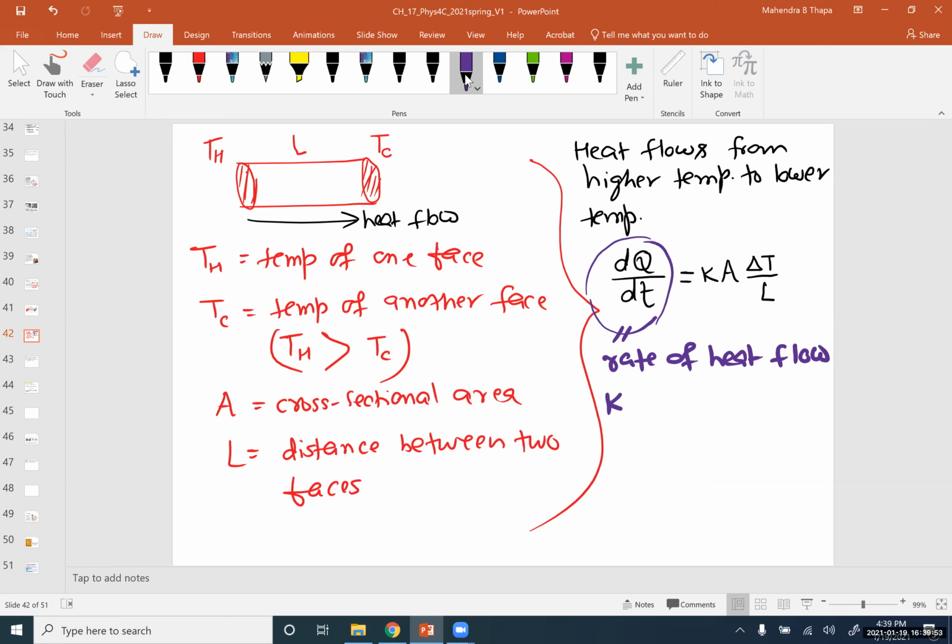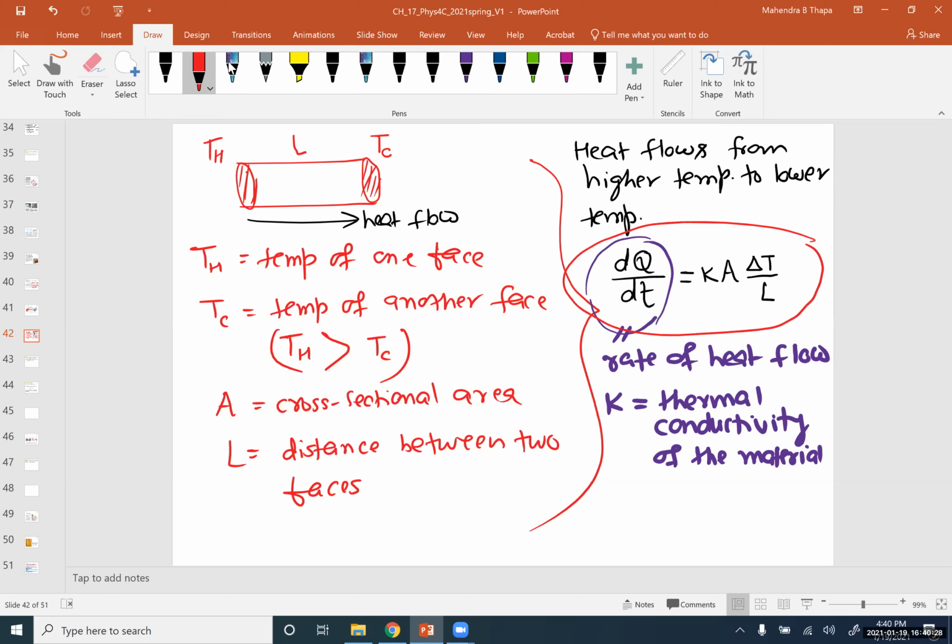K is a constant for a given material. It's called the thermal conductivity of the material. So for iron, the K value is different, for steel, the K value is different, and each material will have a different K value.